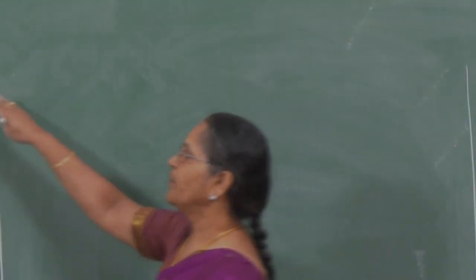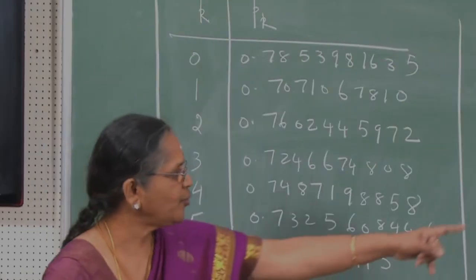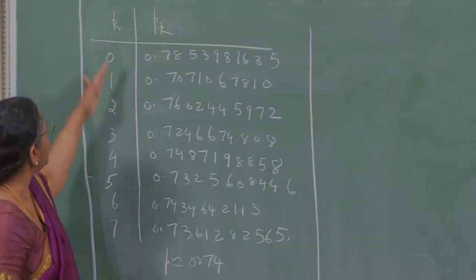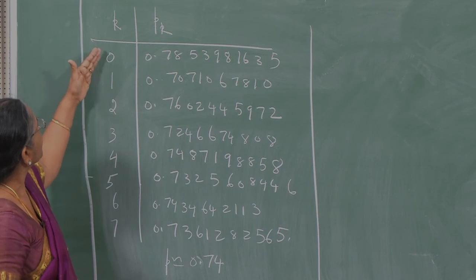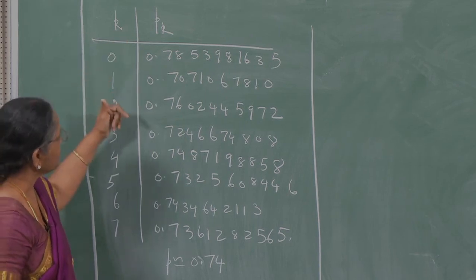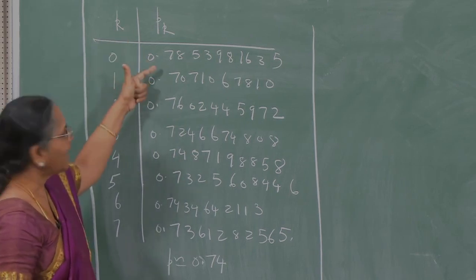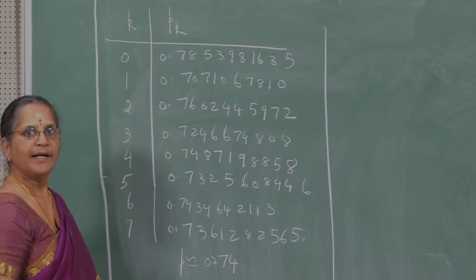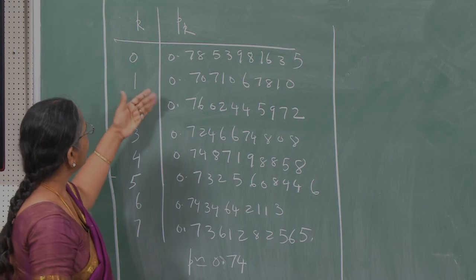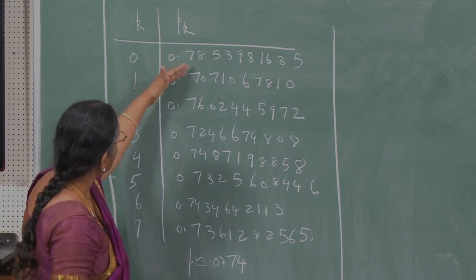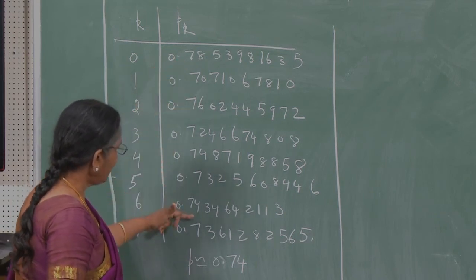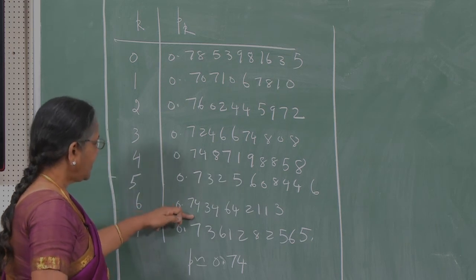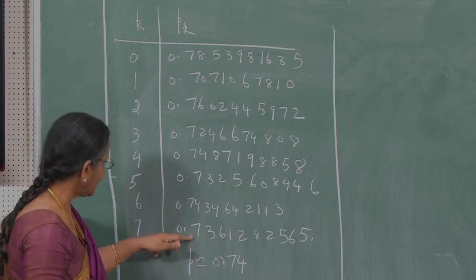We write down the successive iterates generated using Pn equal to g of Pn minus 1, and we observe that if we require the result correct to 2 decimal accuracy, we are able to achieve the desired accuracy at this step.